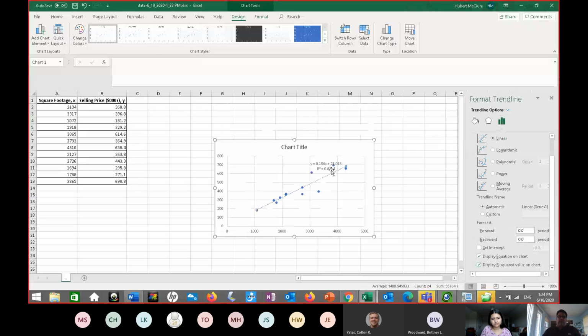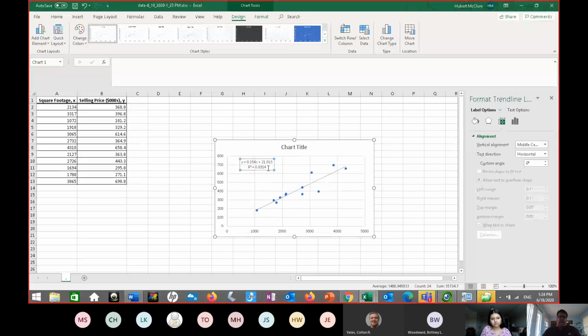Display. Pull that over here. Highlight it. Make it big. Type R equals, and somebody give me 4 digits. It's going to be positive slope, so you don't have to worry about the sign. 0.9118.